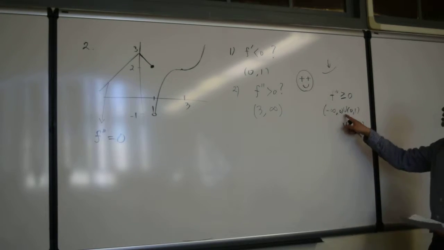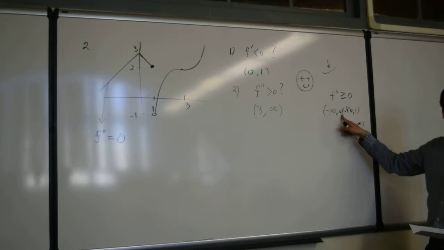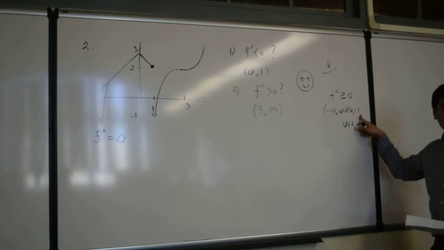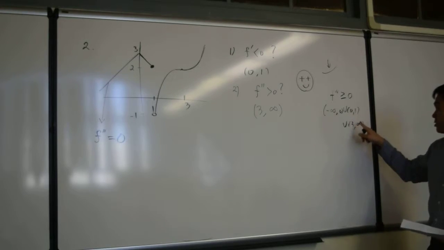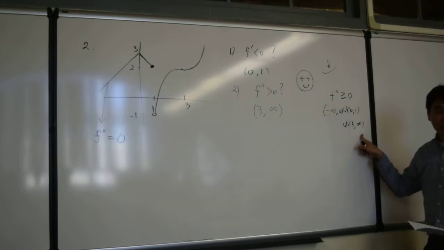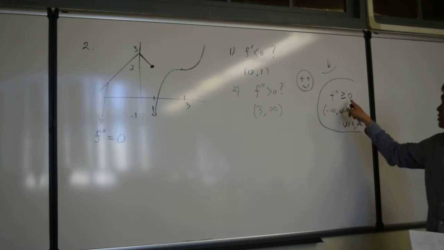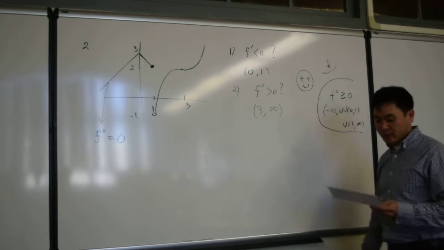So that's why you have to leave out the 0. But negative infinity to 0 is a straight line, so the second derivative is 0. 0 to 1, it's a straight line, the second derivative is 0. 3 to infinity, it's concave up, the second derivative is positive. Okay, so this would have been the answer if there was this equal sign in there.